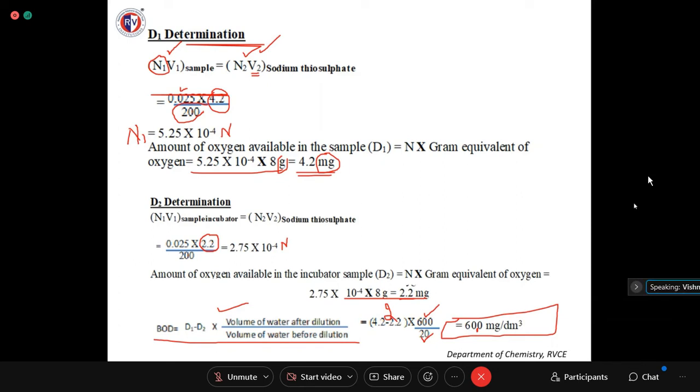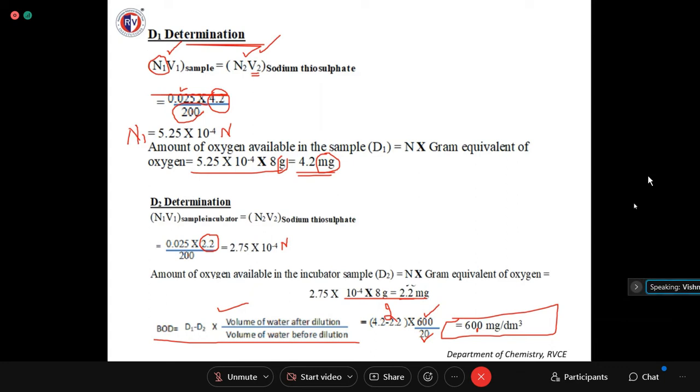My aim is to identify how much dissolved oxygen is there in the 20 ml sewage sample. Correct. But even your dilution water also contains dissolved oxygen.